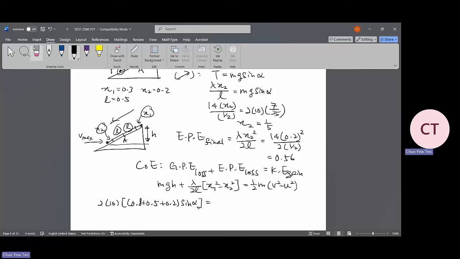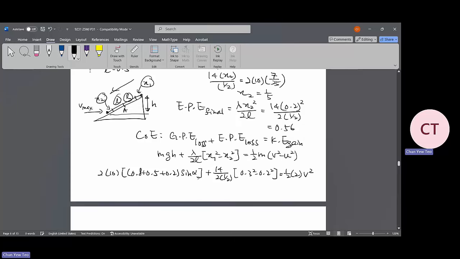Plus the lambda. Lambda is 14 and the L is a half. Then this one is 0.3 squared minus 0.2 squared, equal to half times 2 v squared. For sine alpha, we straight away change it.